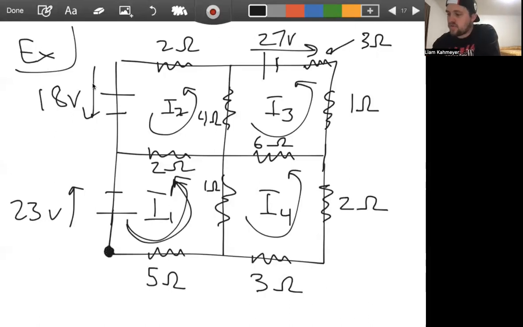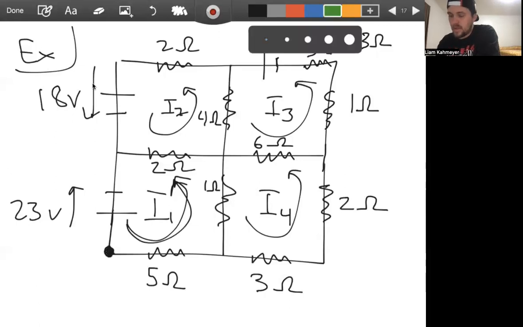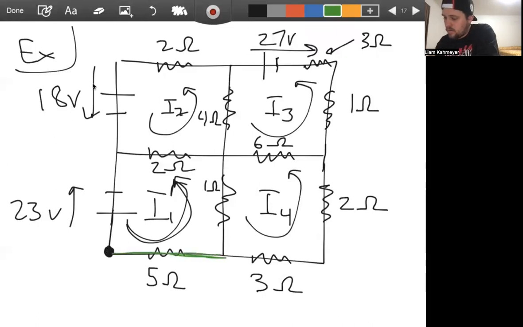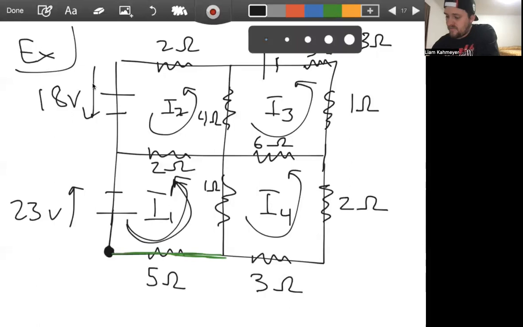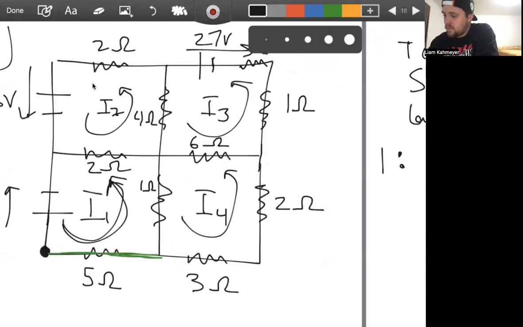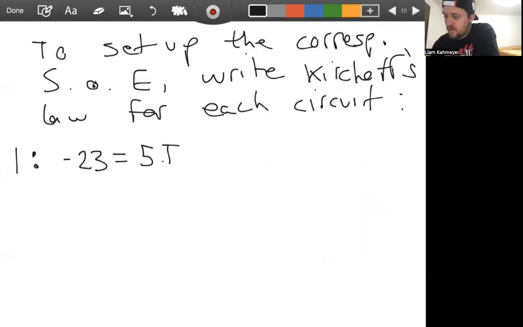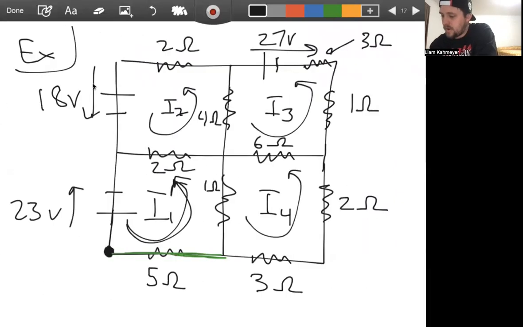And as we travel around this first circuit, this bottom left circuit, what are we going to pass? Well, we have 5 ohms of resistance times I1. So we have 5 I1, right? Because it's always current times resistance. And the current through this section of the network is I1.